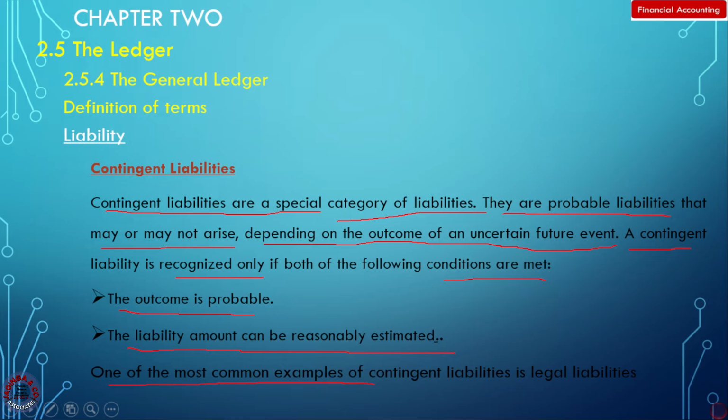One of the most common examples of contingent liabilities is legal liability. Let me try to explain this with a legal liability. Let's say you are trading. You are a businessman doing your business operations, but you have a legal case in court. With a legal case, you can either lose or win.